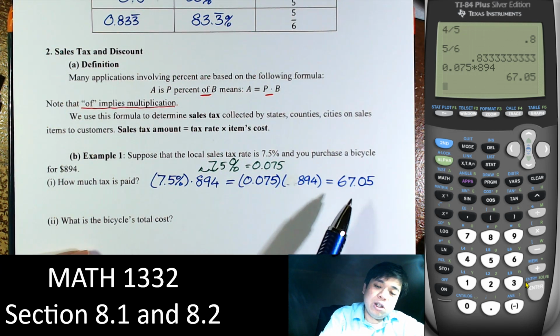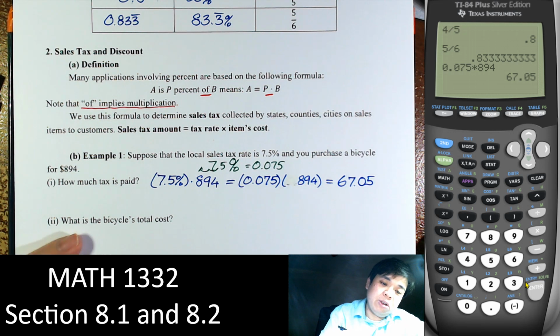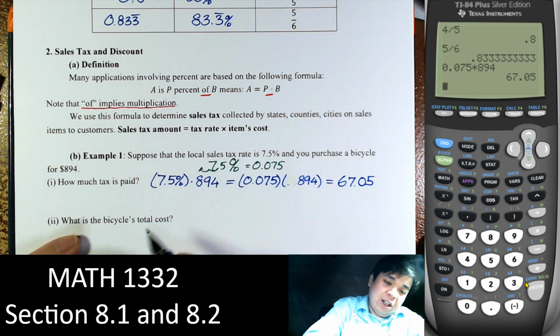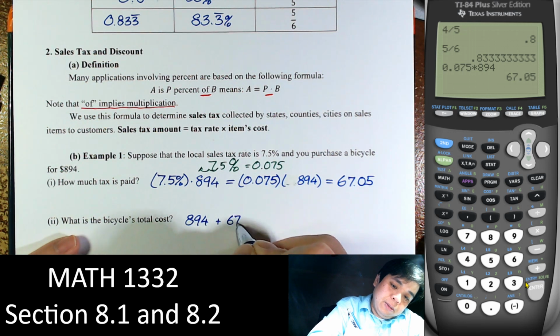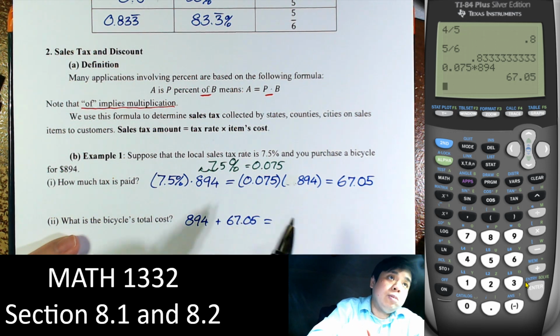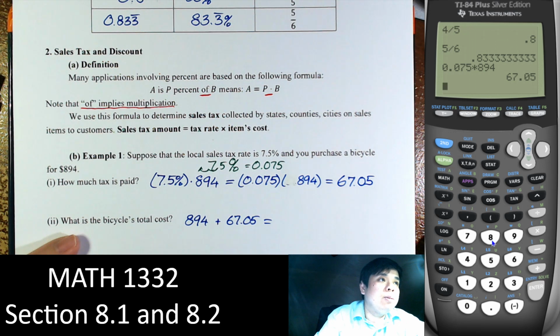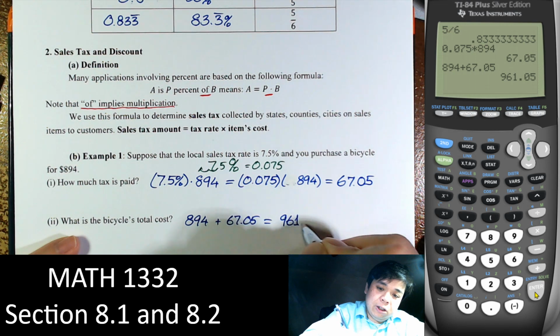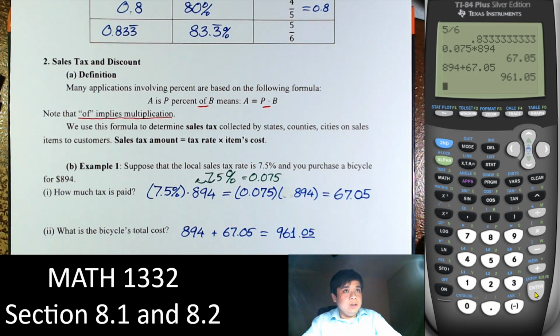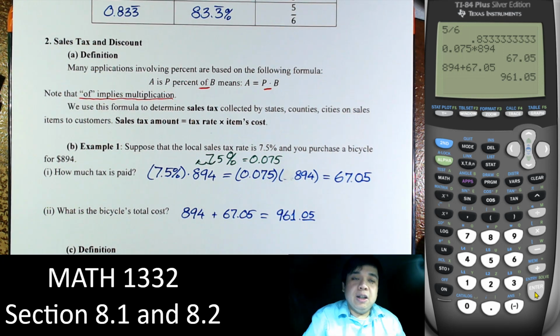And the total cost is going to be that plus the original price of the item. 961.05. So that is the total cost.